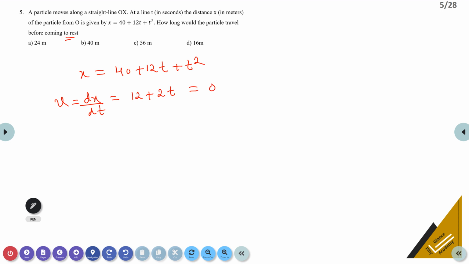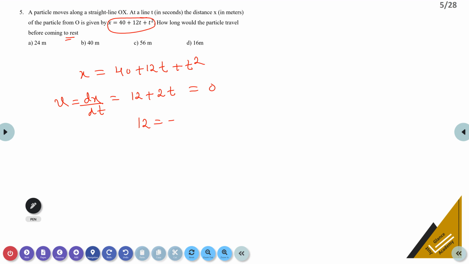Something is missing now. Okay, this one. It is not this one.